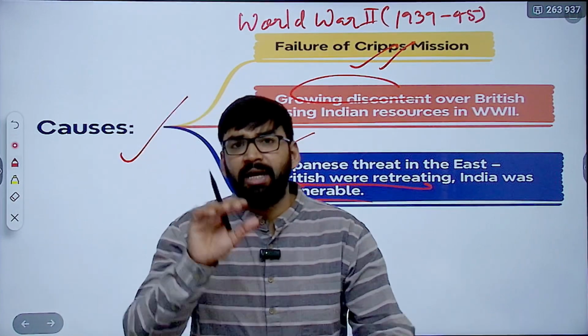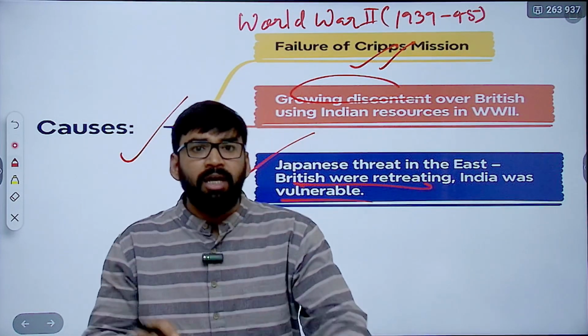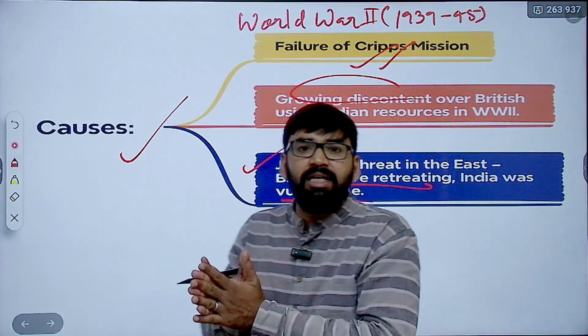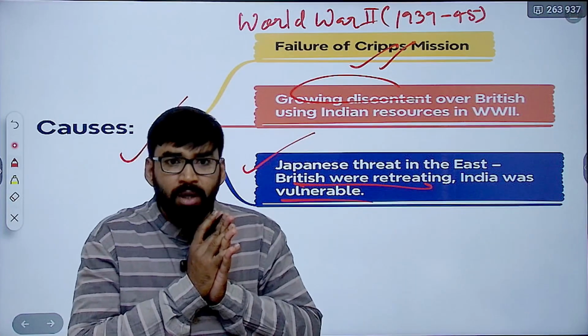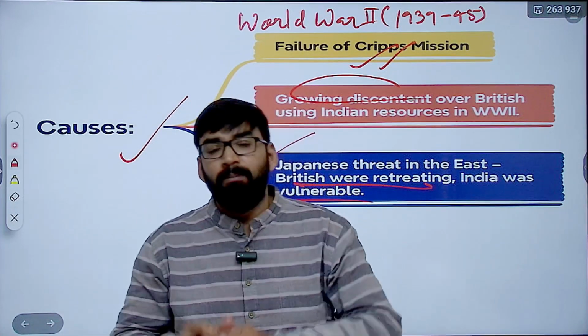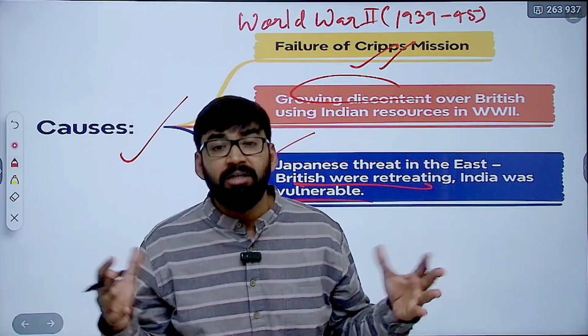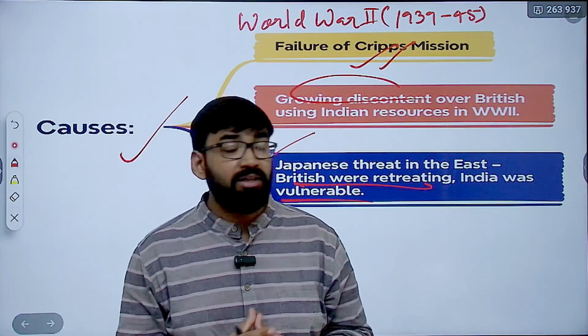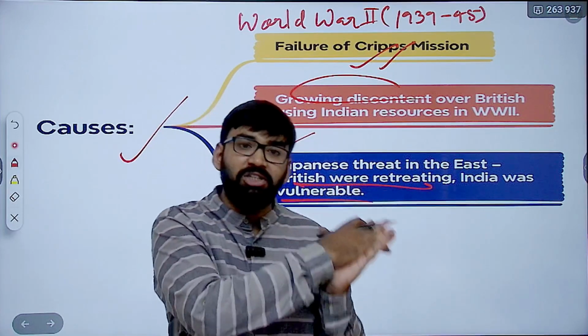Britain dragged India into the Second World War without consulting Indian leaders in 1939. Congress ministries resigned in protest. The Muslim League declared a Day of Deliverance when the Congress ministries resigned. That worsened the communal tensions.